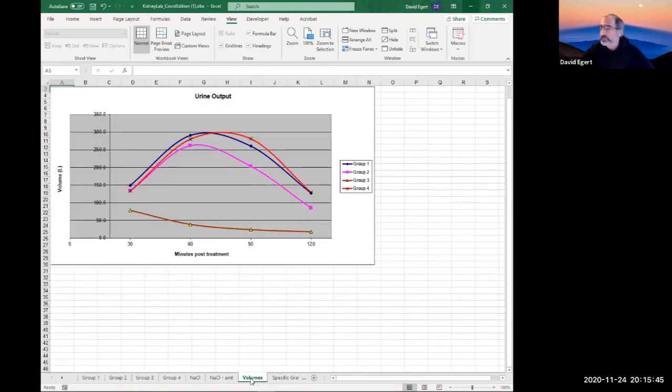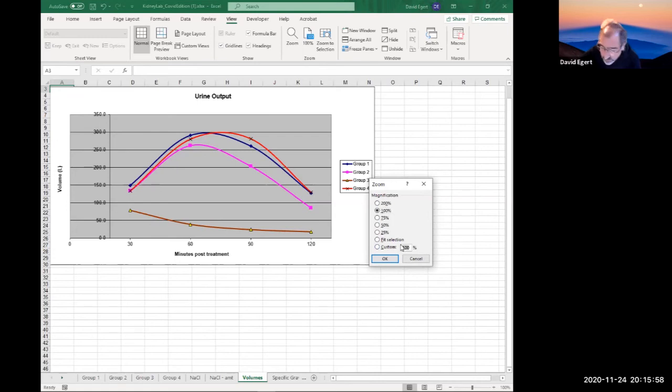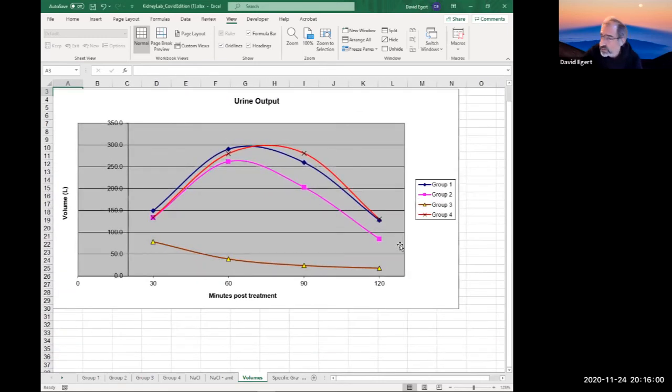So let us take a look at the results. So volumes. Let's do maybe 125. Here we see after 30 minutes, 60 minutes, by 60 minutes, an hour after they have taken in their different treatment, we can see a pretty dramatic difference between groups 1, 2, and 3, and between 1, 2, and 4, and group 3.